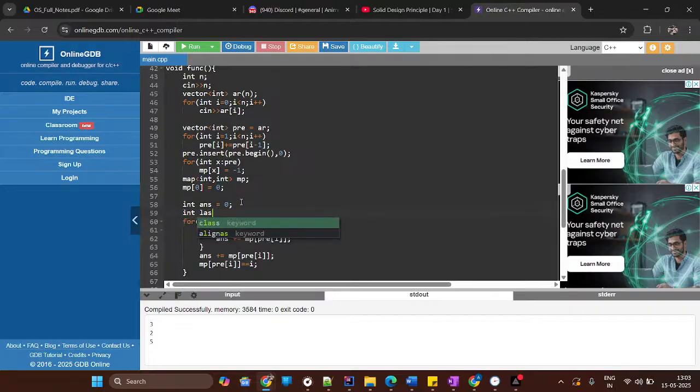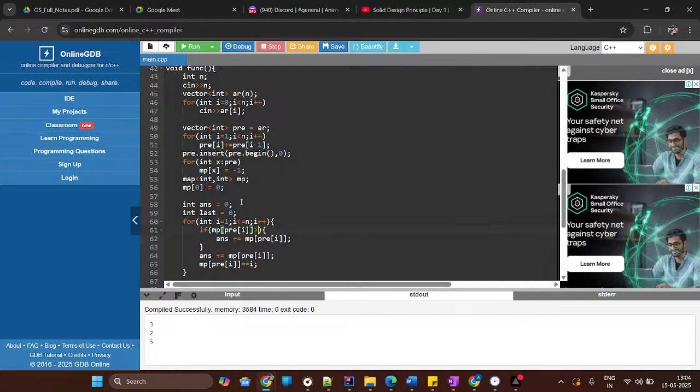So I have to have a last equals to -1. Last is equal to 0 because we're going to put a condition: if MP of the value is there, everything is -1, right?